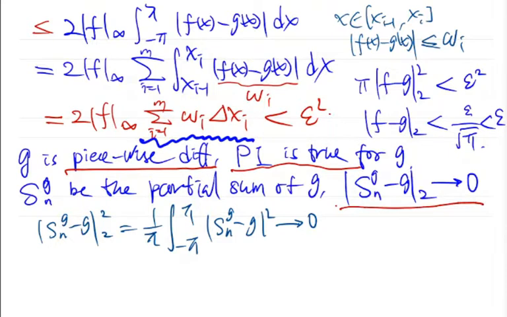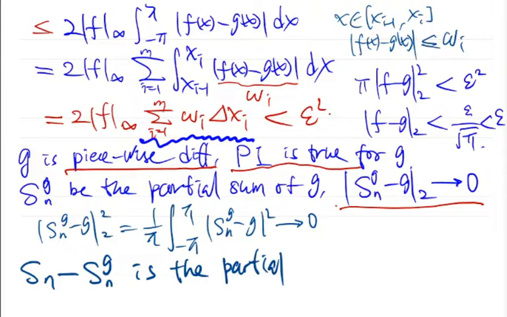Now, we have an important observation. The partial sum of f minus the partial sum of g is exactly the partial sum of f minus g. This is a key observation.